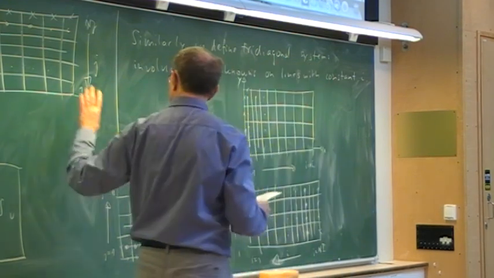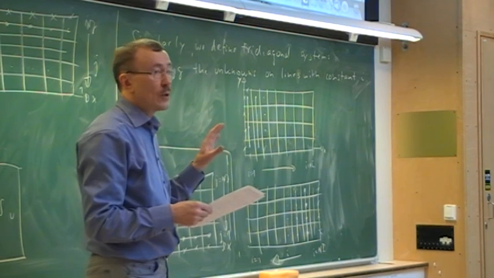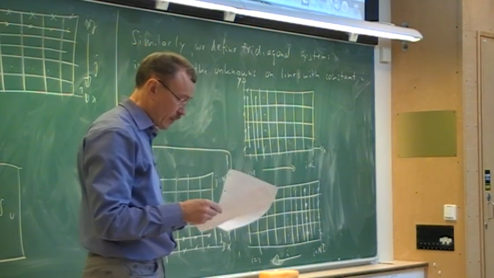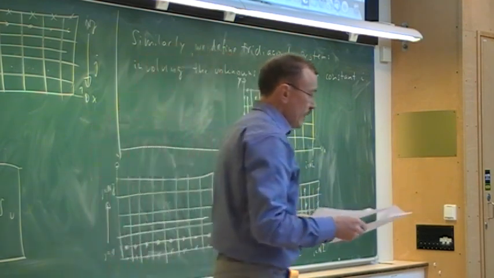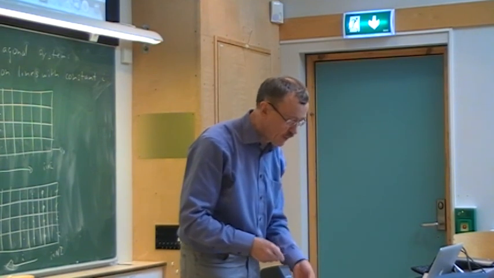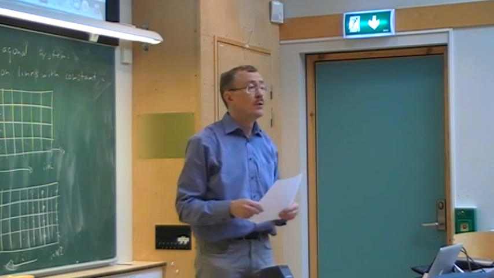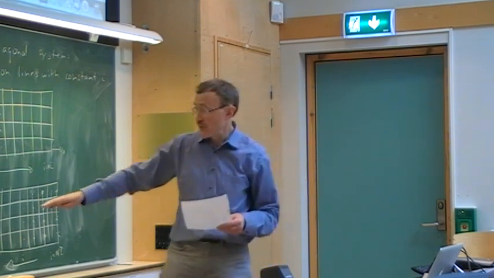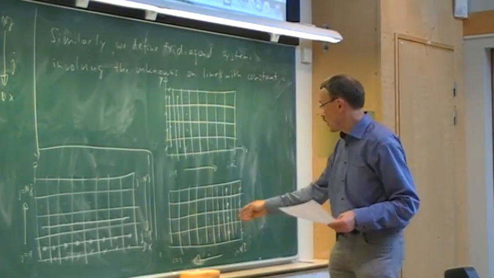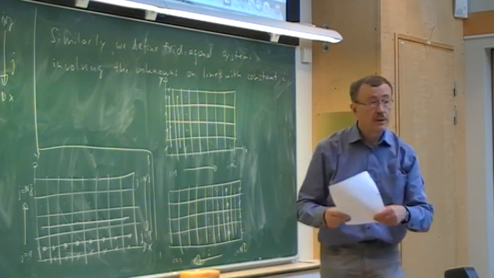This combination of these 4 sweeps is called alternating line Gauss-Seidel method. That is one cycle of the alternating line Gauss-Seidel method. So that is the one that we are going to use. So that means we are then calling the Thomas algorithm each time we have to solve a system either on a line with constant J or on a line with constant I. Okay, I think we stop here.